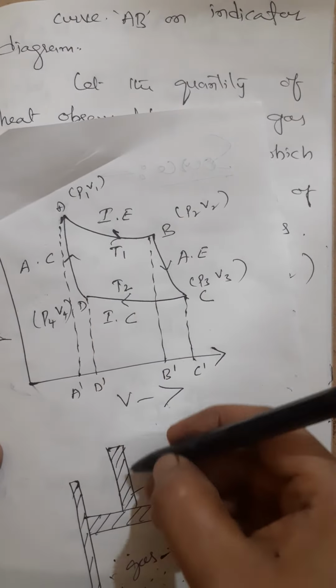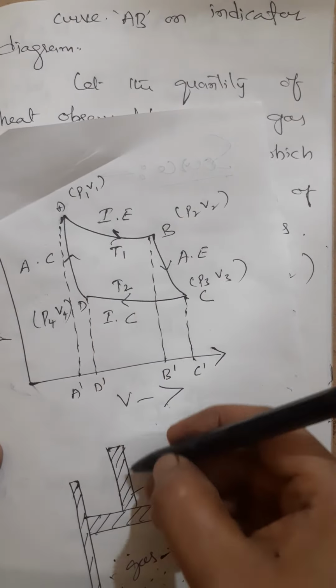The gas takes some heat from the source, that is Q1, and due to that heat the work is done by the gas to reach from position A to B. That is the amount of work done W1 by the gas from A (P1, V1) to B (P2, V2), which can be written as follows.